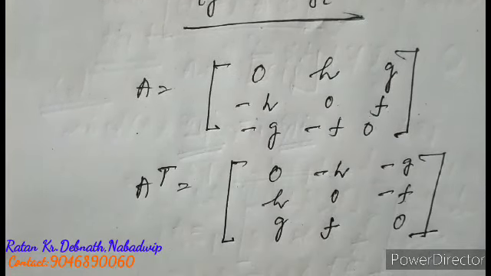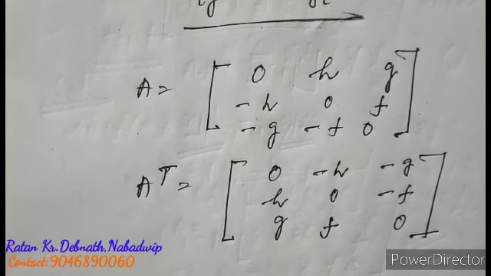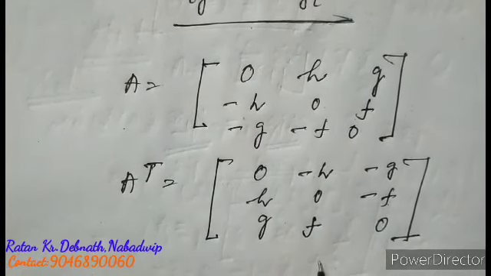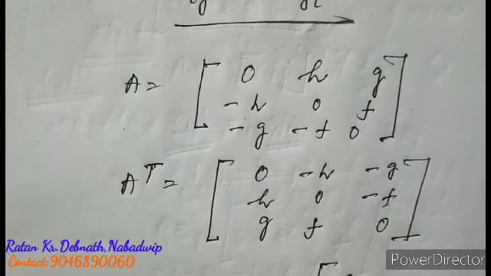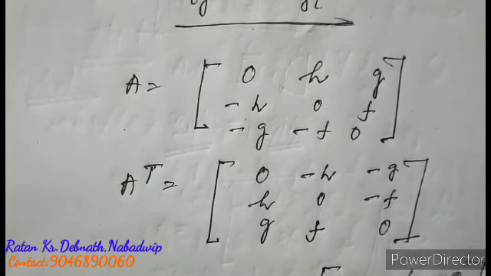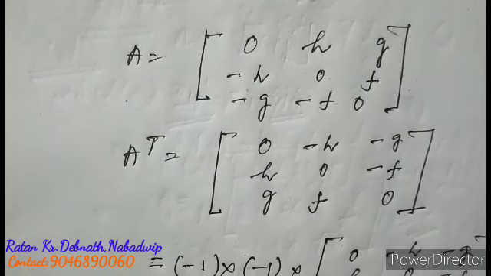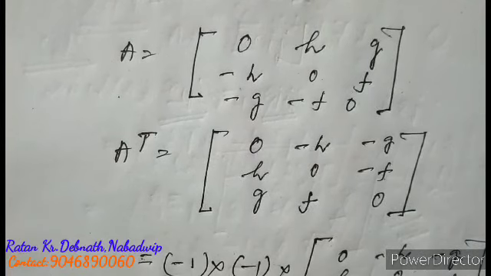Let us multiply the matrix by a negative sign. In order to balance it, I took 2 minus 1. Minus 1 into minus 1 results in plus 1.